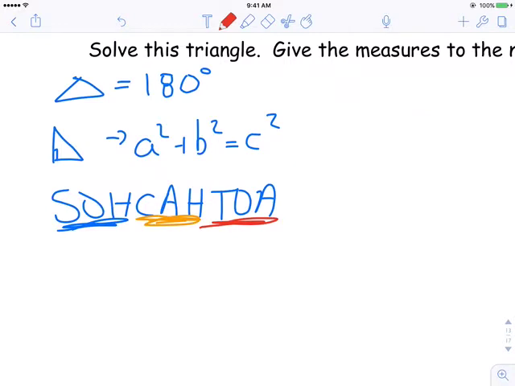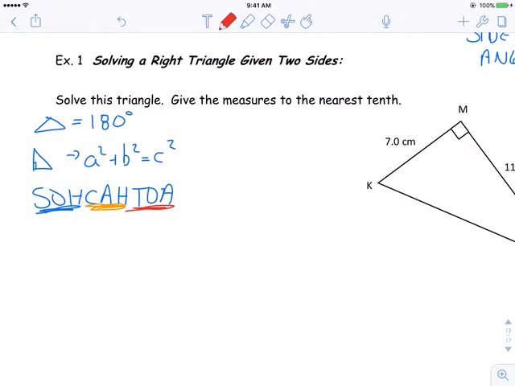Now you choose which of those three you need, depending on the information you're given in your triangle. Now, if you're just told to solve a triangle, it doesn't matter which tools you use, just find all the missing sides and angles. If it specifically states, well, you solve this triangle using Pythagorean theorem and trig ratios, well then obviously you can't use the 180-degree rule. We want to see some calculations.